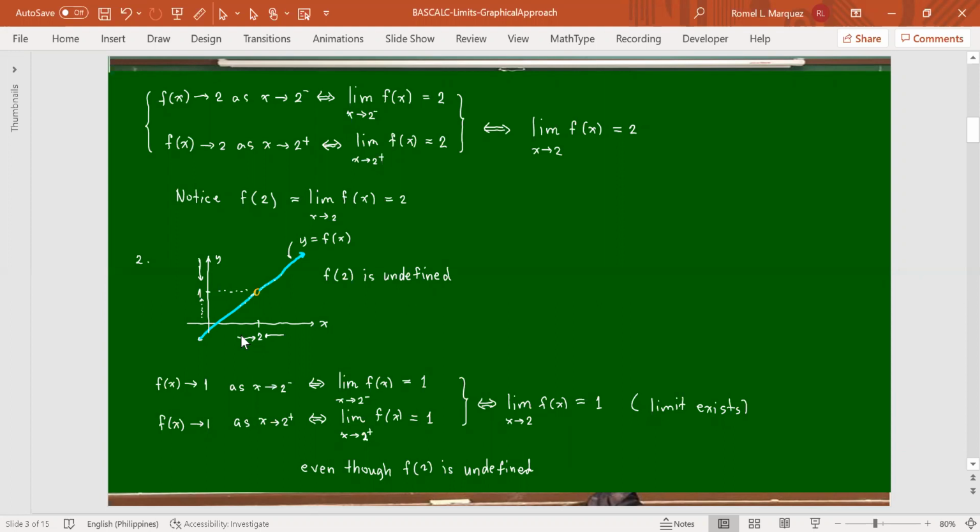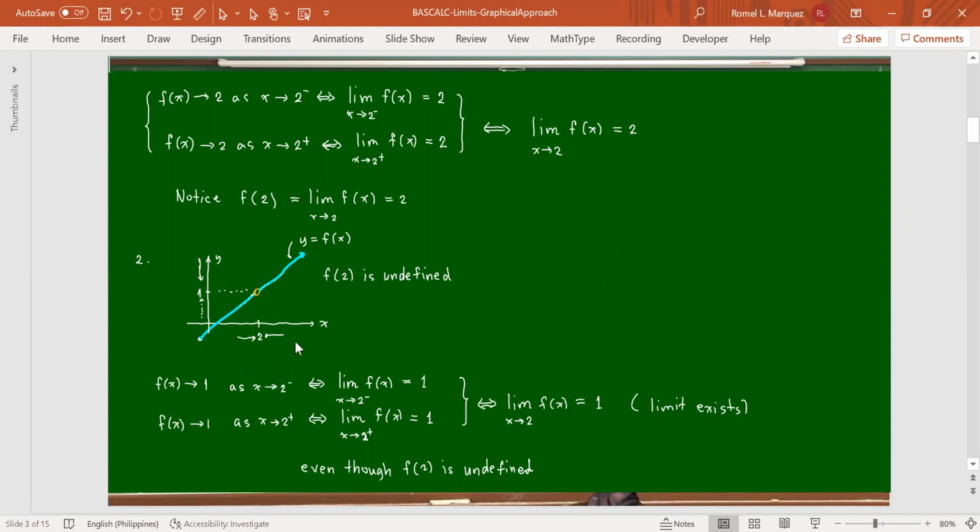And we want to determine if there is a limiting value approached by the function. So that's the difference. The limit is just the value where the function tends to go, while for the function value, we are looking for the corresponding real value for y, and it must be in the domain. But x equals a is not necessarily in the domain of the function if you want the limit.